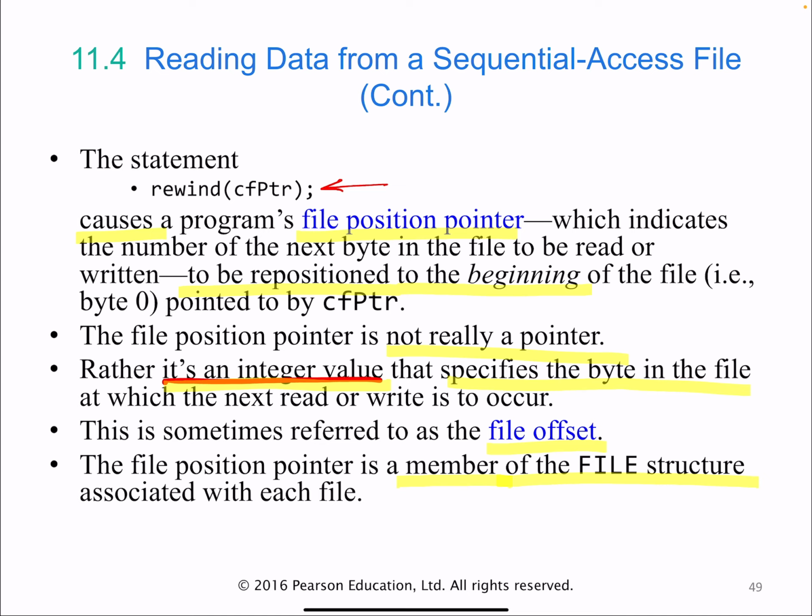So if you have to jump back to the beginning of the file, all you have to do is call the rewind function and pass it the file pointer as argument. The file position pointer also has another name. It's also called the file offset, which also makes sense. The file position pointer is an element in the file structure that I talked about a little earlier, which is created every time you open a new file in your program.